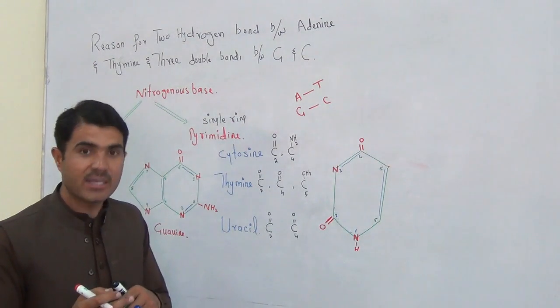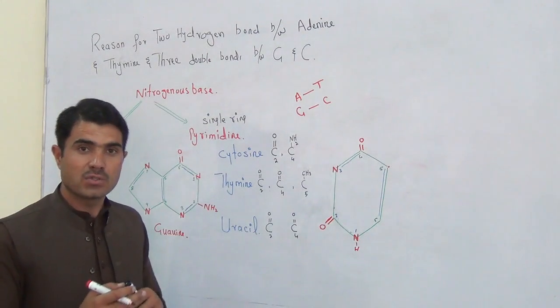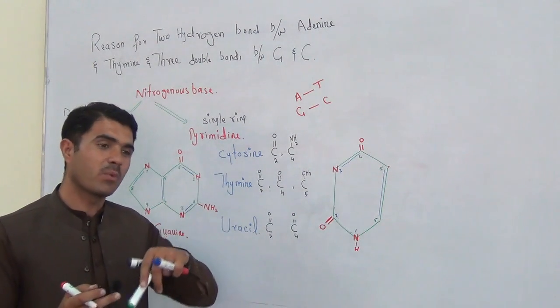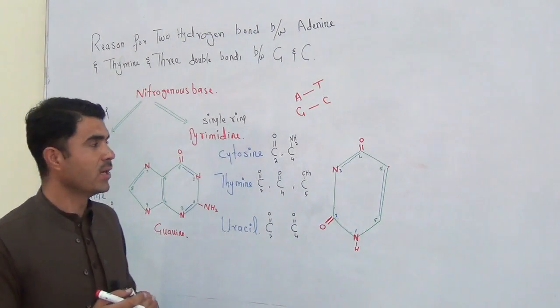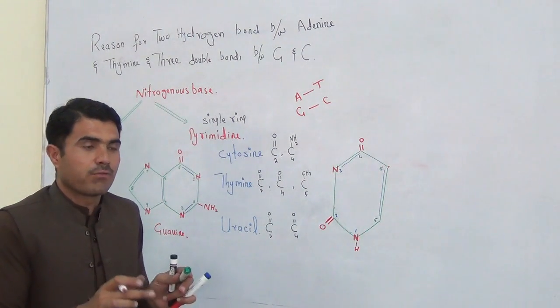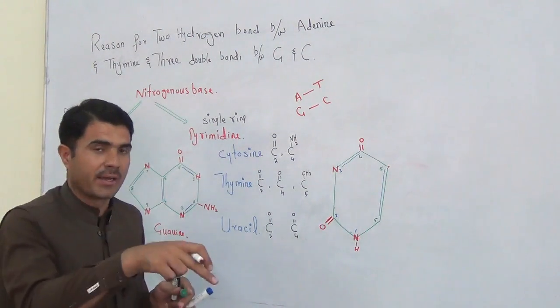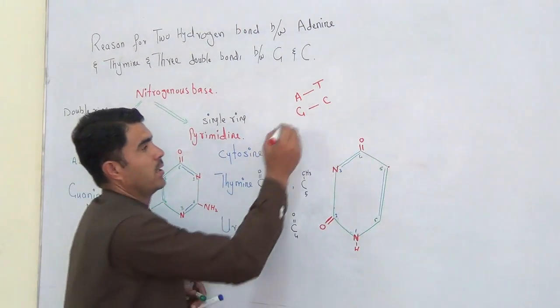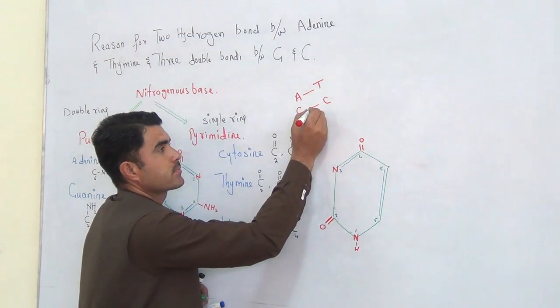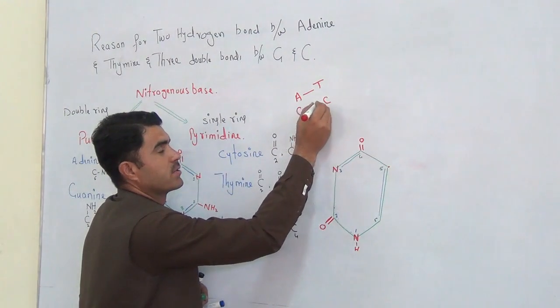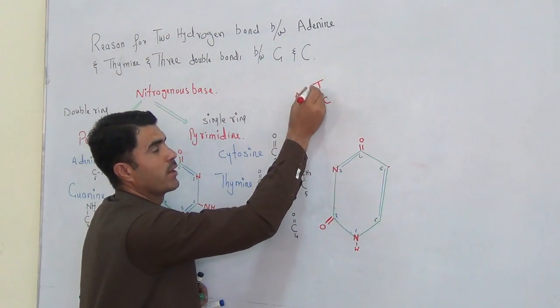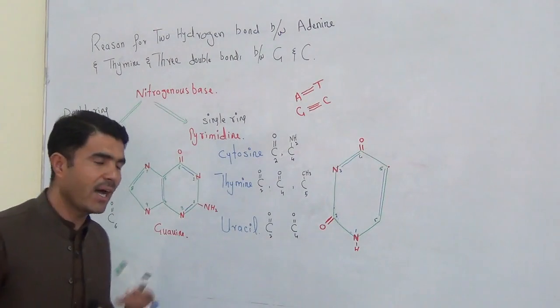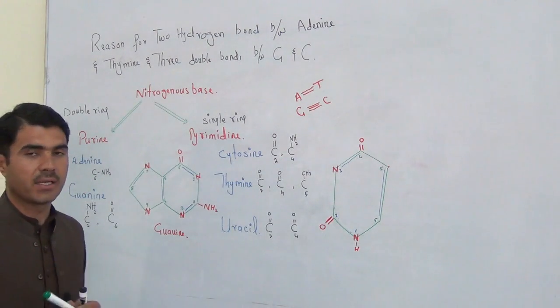Uracil actually comes in place of thymine, so we will find it in the RNA, not in the DNA. So we will keep uracil to be discussed in the RNA. And there are 3 hydrogen bonds between G and C and 2 hydrogen bonds between A and T. I would like to discuss that.